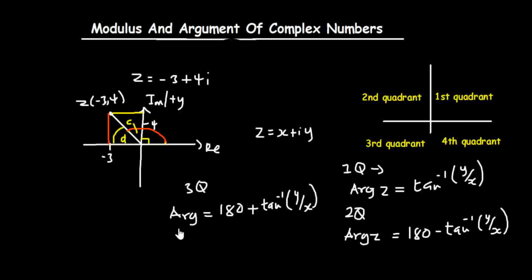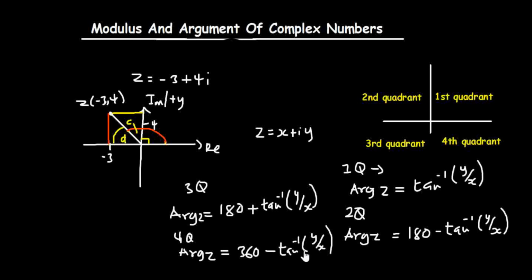And then for the fourth quadrant, if you want to find the argument, arg z will be equal to 360 minus the tan inverse of y over x.